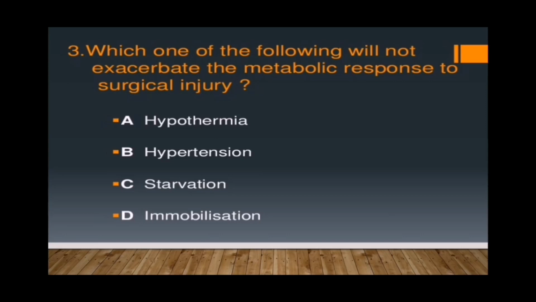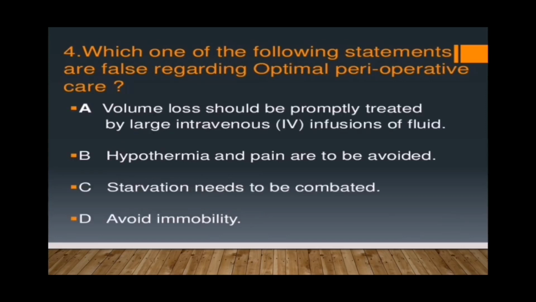A. Hypothermia. B. Hypertension. C. Starvation. D. Immobilization. Number 4, which one of the following statements is false regarding optimal perioperative care? A. Volume loss should be promptly treated by large intravenous infusions of fluid. B. Hypothermia and pain are to be avoided.